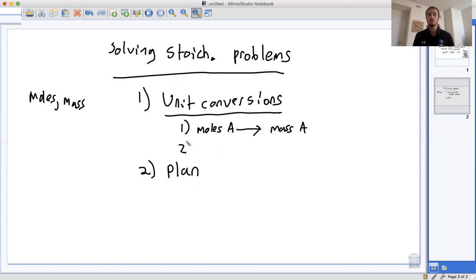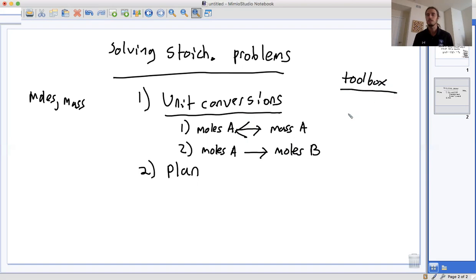And two, you're going to have to be able to convert between moles of A and moles of B. And by the way, you're going to have to do both directions. So you're also going to have to find moles of A from mass of A.